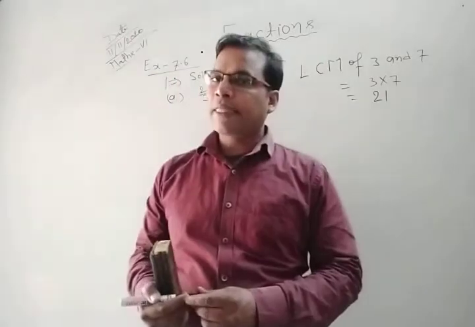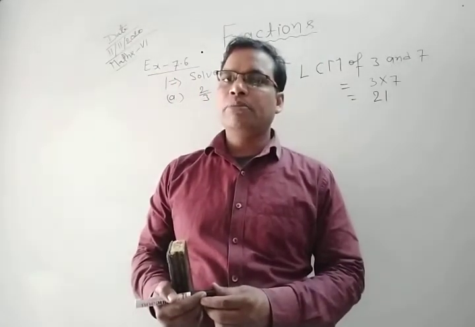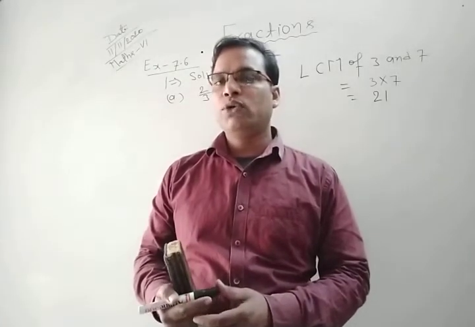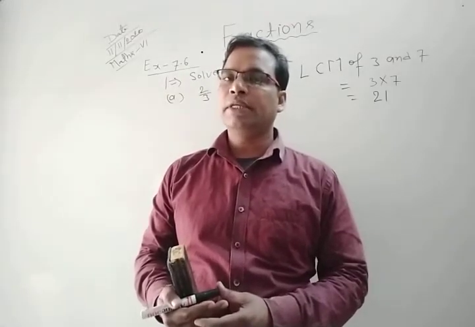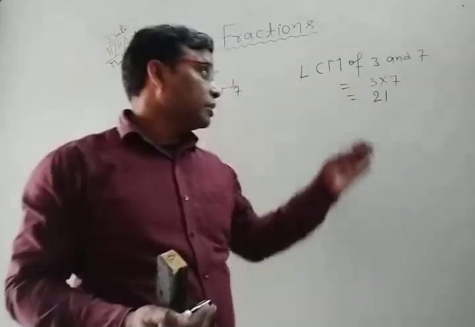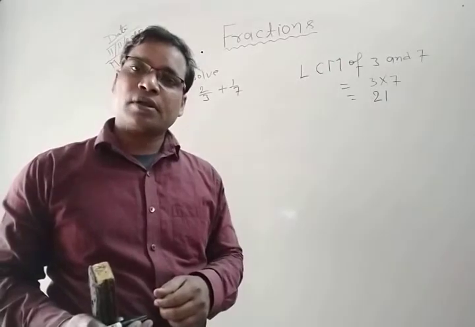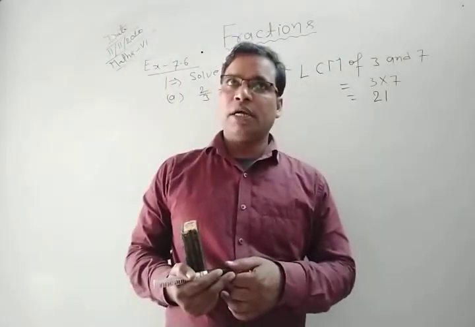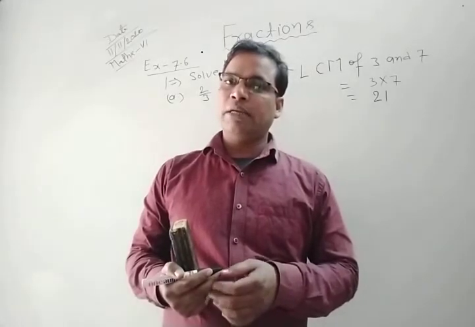So what is a prime number? A number which has only two factors, 1 and itself, is called a prime number. You can see 3 has only two factors. What are factors? All those numbers that divide the given number are called factors of that number.